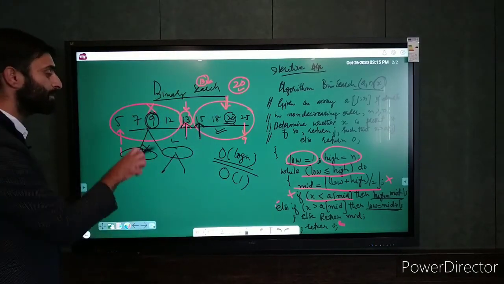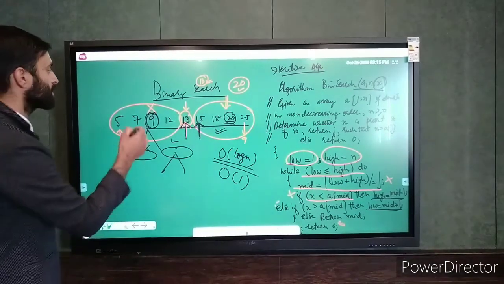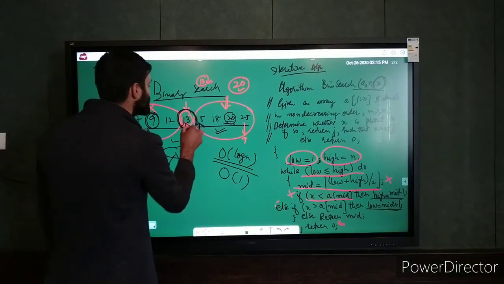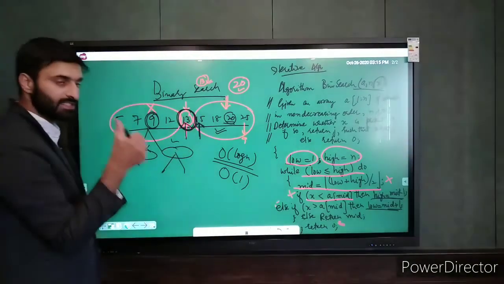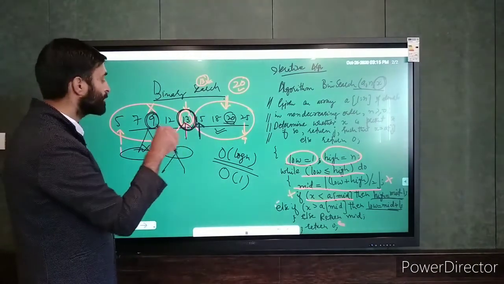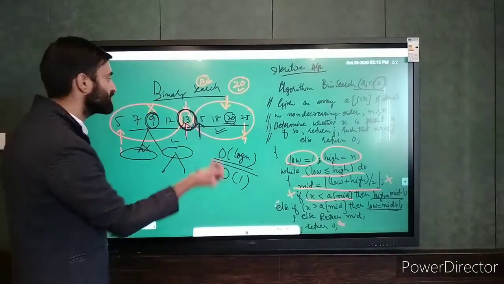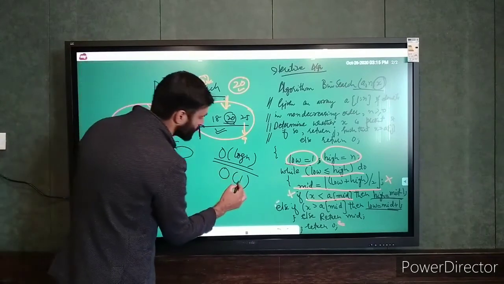Now the question is, when is the best case and when is the worst case? Simple answer: the best case is when our element is the middle element, meaning luckily the element we are searching for is present in the middle, and when we start to search, the element is found. So its complexity would be order of 1.